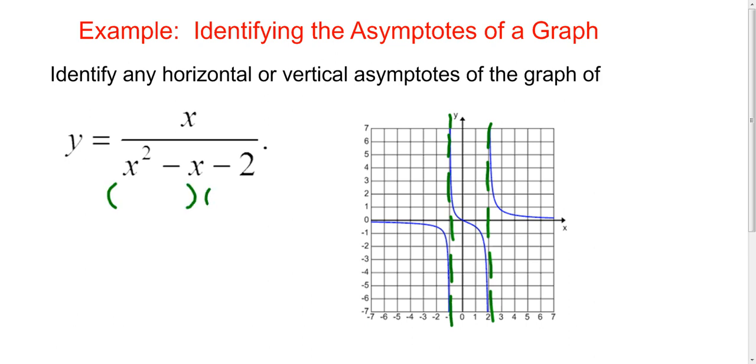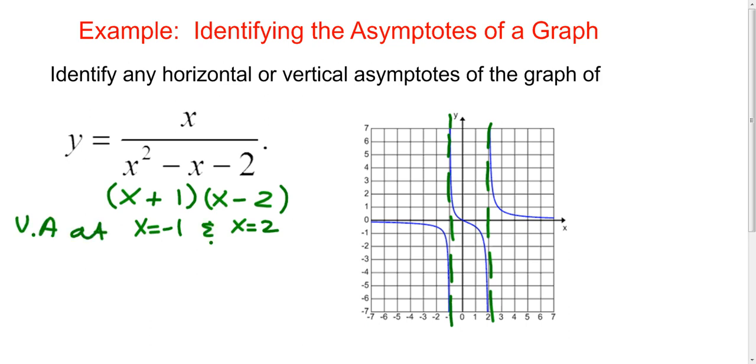If we think about factoring this, it does factor as x - 2 and x + 1, which means x equals -1 here and x equals 2. If x is -1 or x is 2, either one of those would result in having a 0 in the denominator, and I can't have a 0 in the denominator. So I do have vertical asymptotes at x equals -1 and x equals 2.